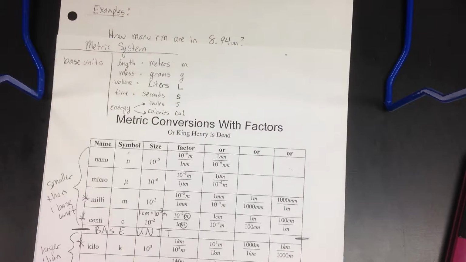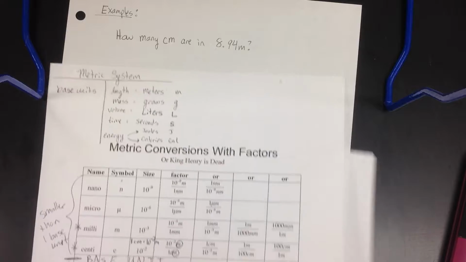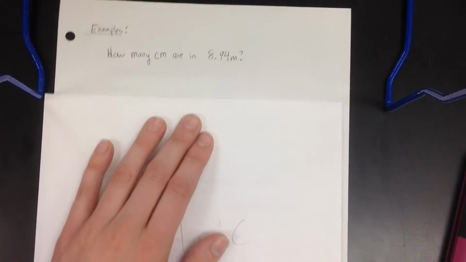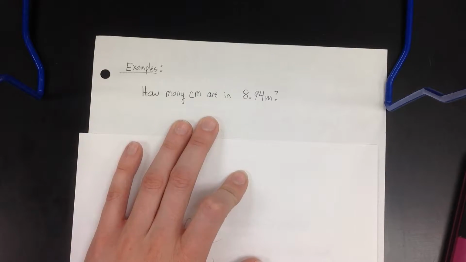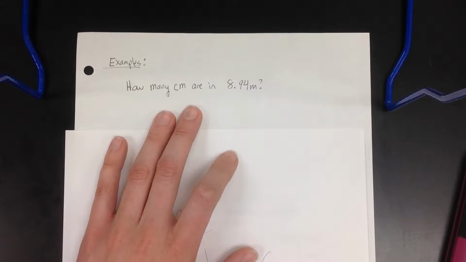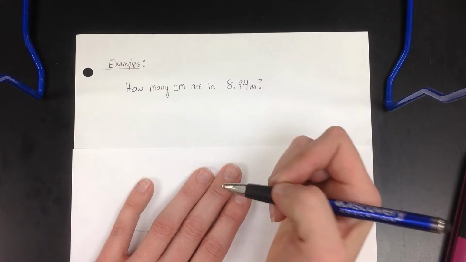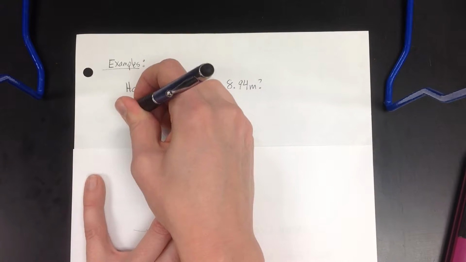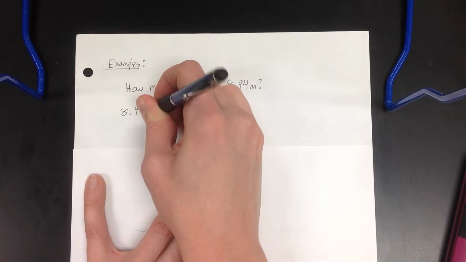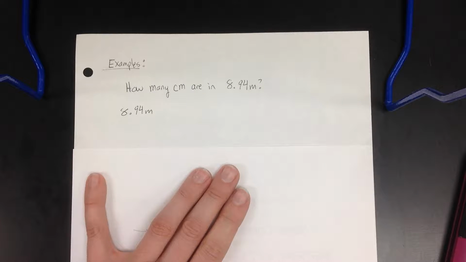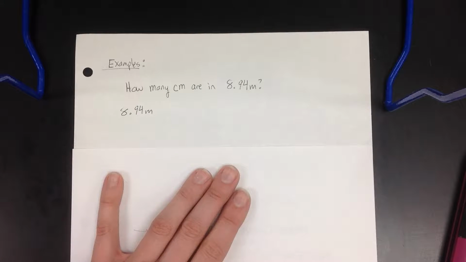In my first example, I want to figure out how many centimeters are in 8.94 meters. So I would start out with my fact, which is my 8.94 meters. Now, I don't want to stay in meters anymore.